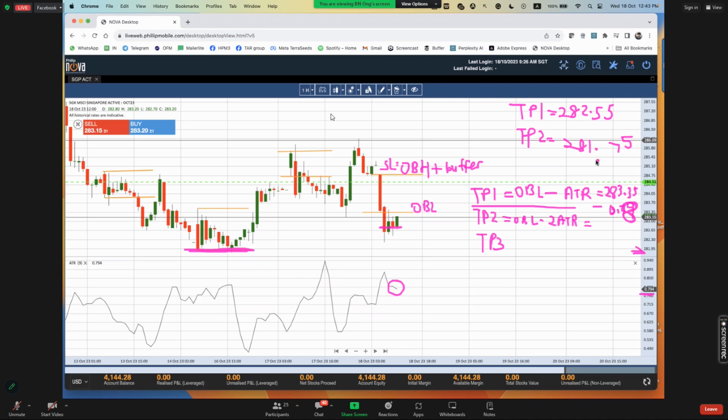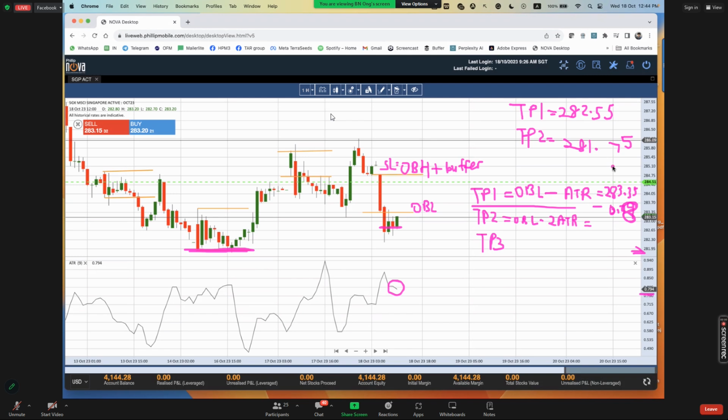Now when you limit at OBL and you work on TP2, that would essentially give you a 1.8 difference. Yes, so it gives you 2 times the ATR, which is our minimal target most of the time. That means that most of the time, if we are trading SimSkip, a lot of the time we are working at 2 times ATR.